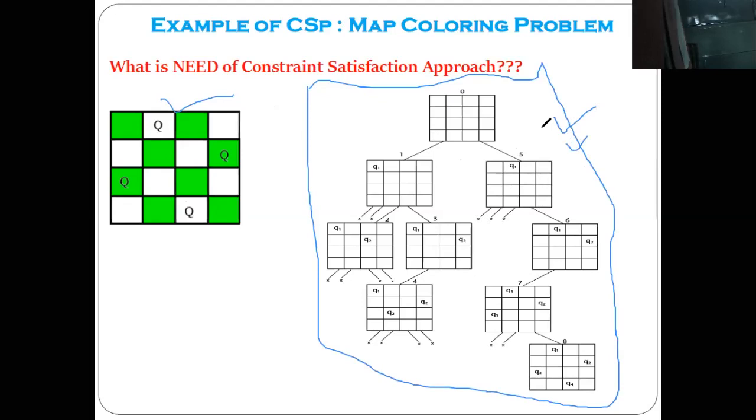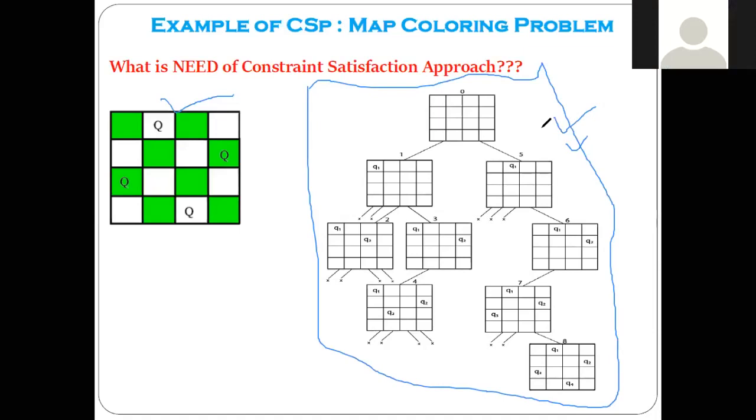What I want to ask you is, what if we don't use the constraint satisfaction approach? What will be its effect? In short, what is the need of the constraint satisfaction approach? Think related with the n queens problem. In the n queens problem there are some rules, such as one queen not being in the same row, the same constraint or rules, correct?